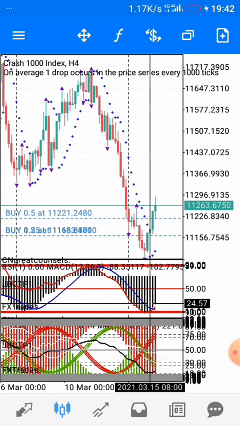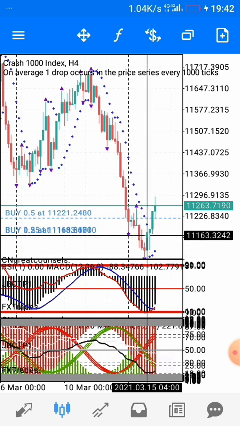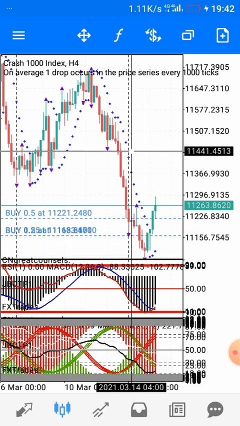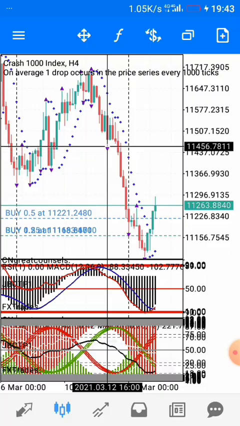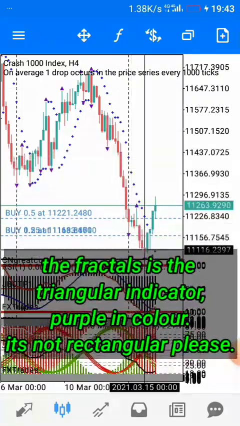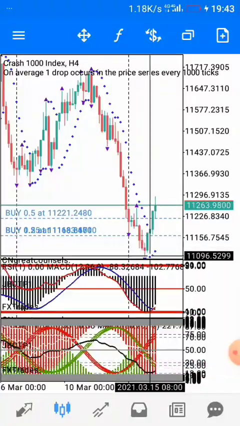Then if you observe this, you look at the main chart and wait for the fractals to be introduced. The fractal is the rectangle you're seeing this way, introduced on candlesticks. You wait for it to be introduced just as it was introduced here, and then you also wait for the parabolic SAR to be introduced, both signifying rejection of price at that oversold level.